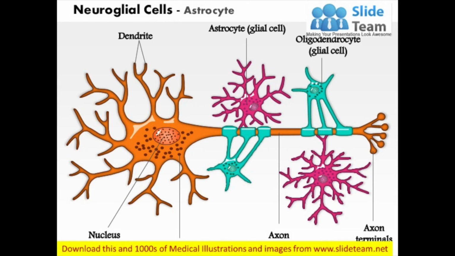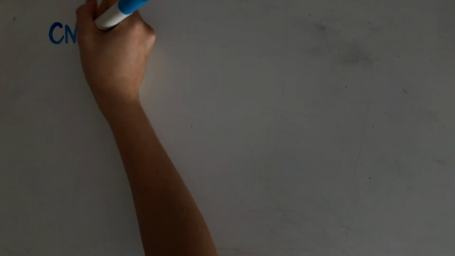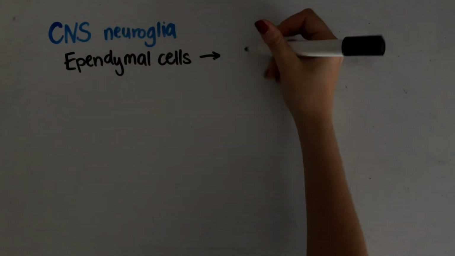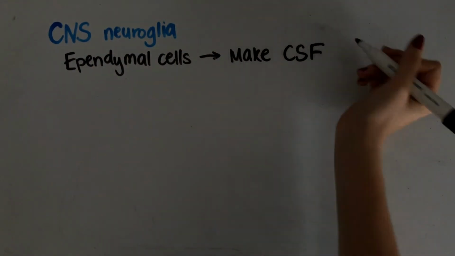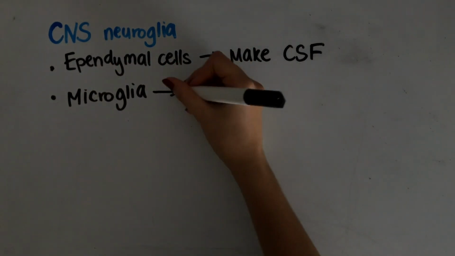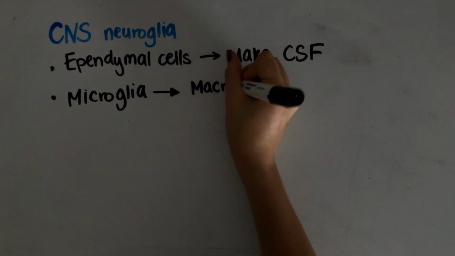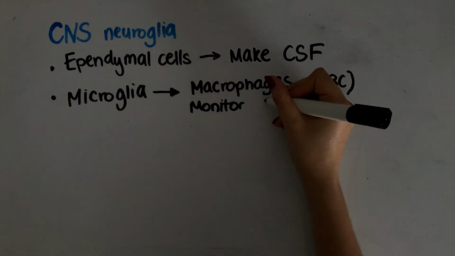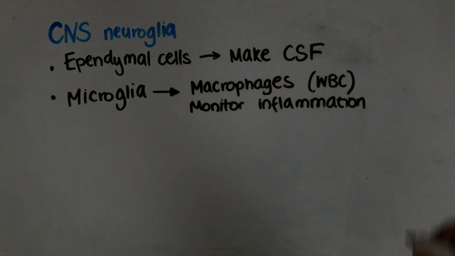So yes. So looking more specifically into the different kinds of glial cells that we can find in the brain and spinal cord. We've firstly got our ependymal cells, and these produce cerebrospinal fluid. Then we've got the microglia, which are basically your macrophages of the brain. So they mediate inflammation and they just survey the central nervous system to make sure there's no infection or anything.